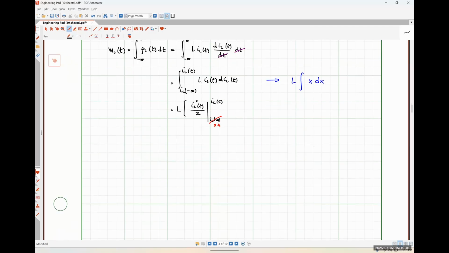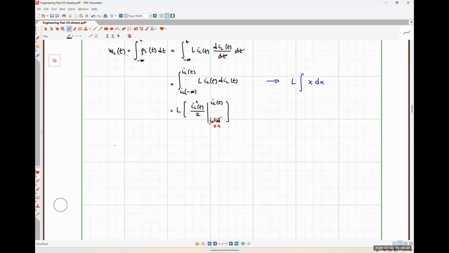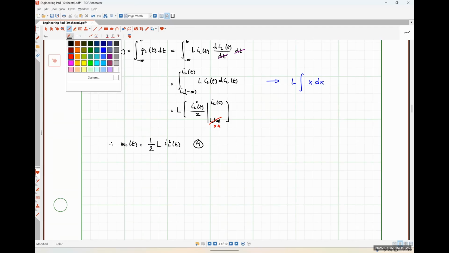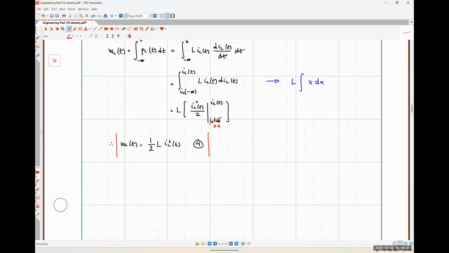And so what that allows us to do is say then that the energy stored by the inductor is just going to be 1/2 times the inductor value times the current flowing through the inductor at our time of interest squared. So this is our fourth and final inductor relationship. Energy is equal to 1/2 Li squared.